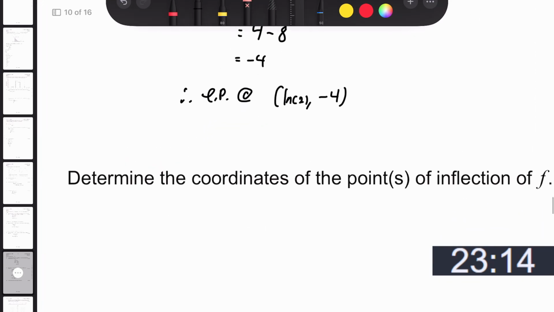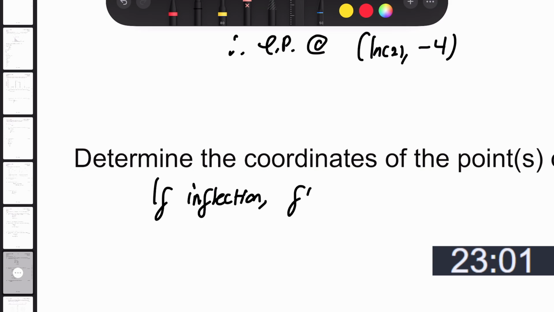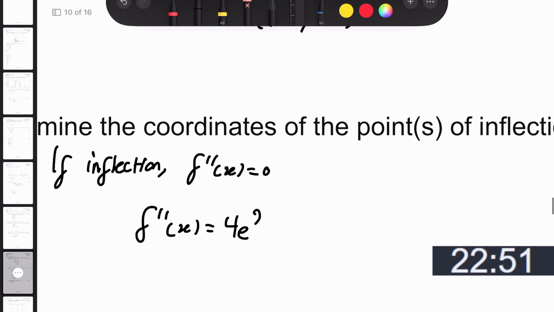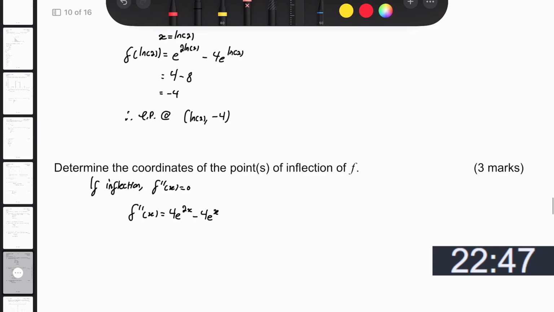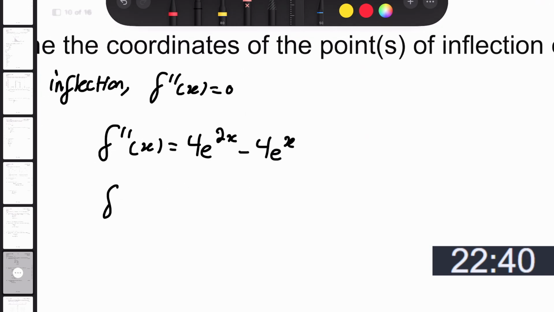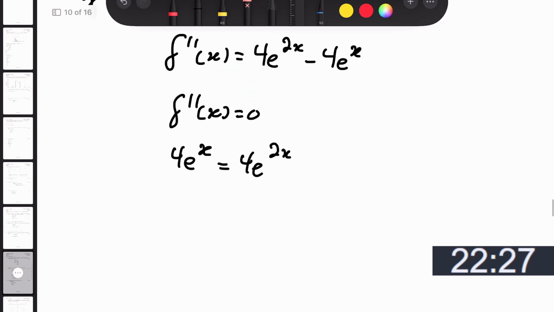Determine the coordinates of the points of inflection of f. So f double dash of x. If inflection, f double dash of x equals 0. F double dash of x is going to equal 4e to the 2x minus 4e to the x. So f double dash of x equals 0. So now I know that 4e to the x is going to equal 4e to the 2x, divided by 4 and divided by e to the x.